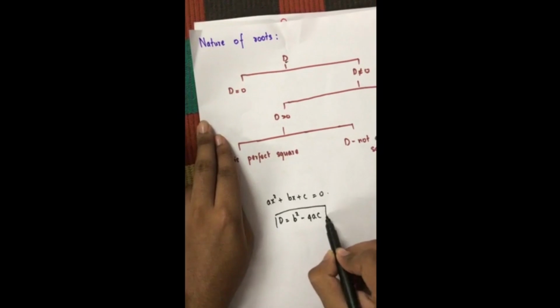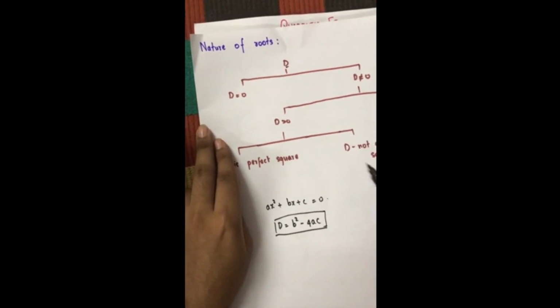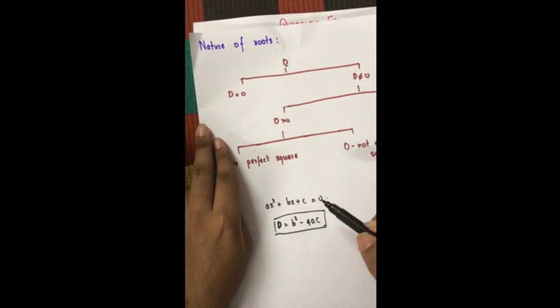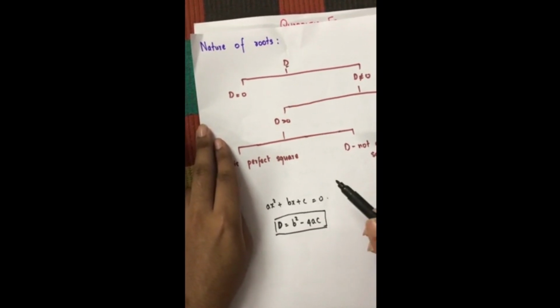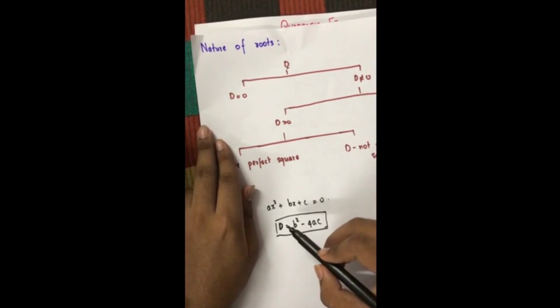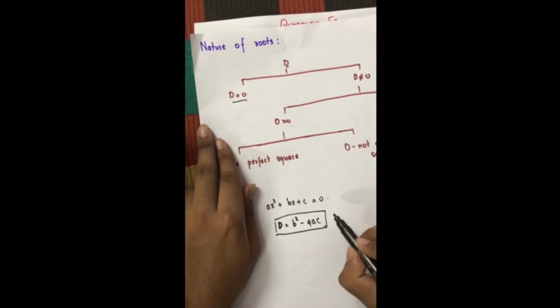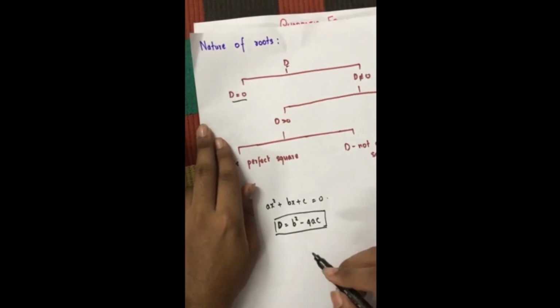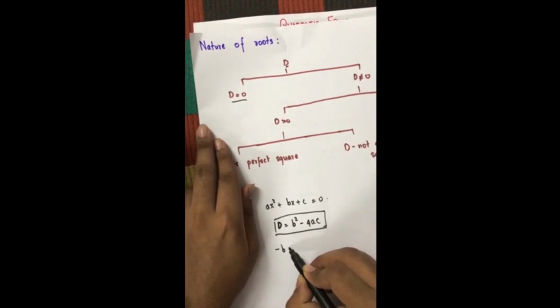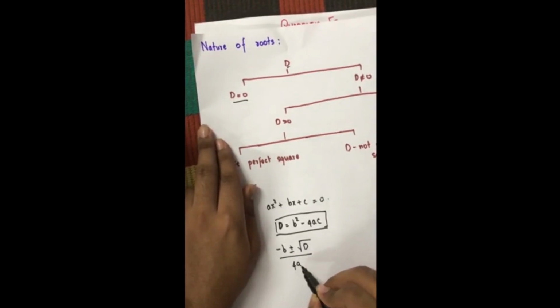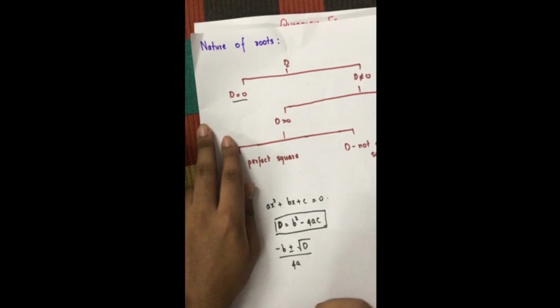Now, depending upon the value of D, the nature of the roots is also determined. Let's say first D is equal to 0, that is b square minus 4ac is becoming 0. We know that the roots are minus b plus or minus root D by 2a. Now what happens if D is becoming 0?